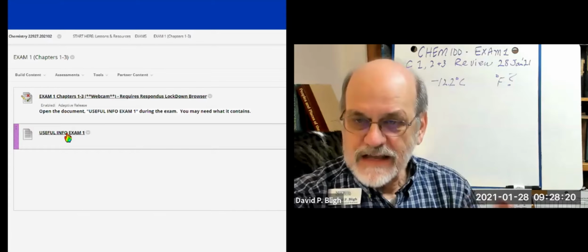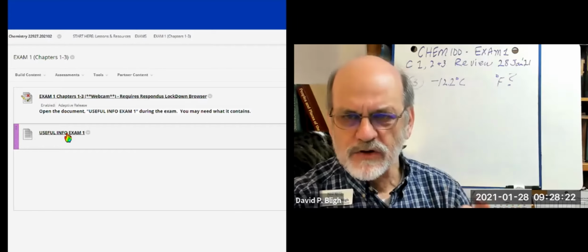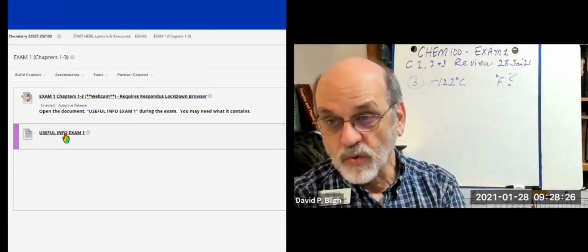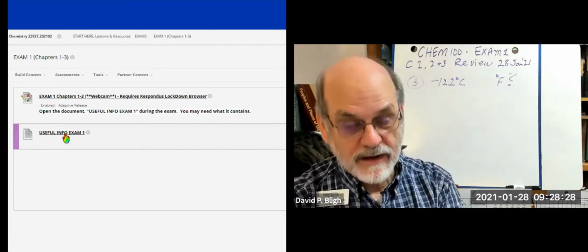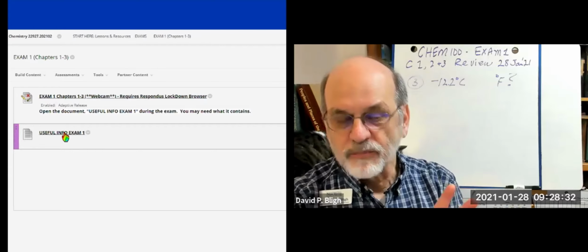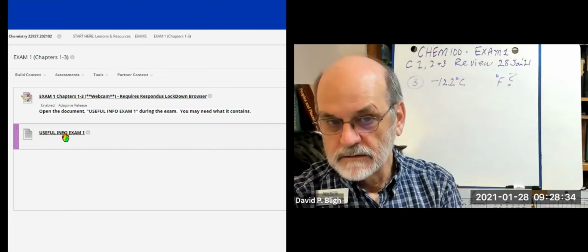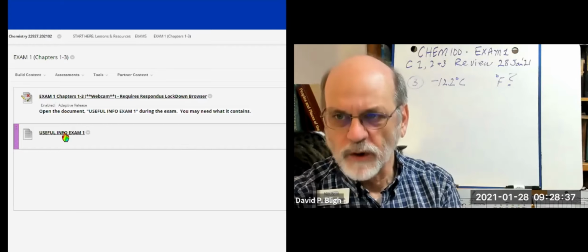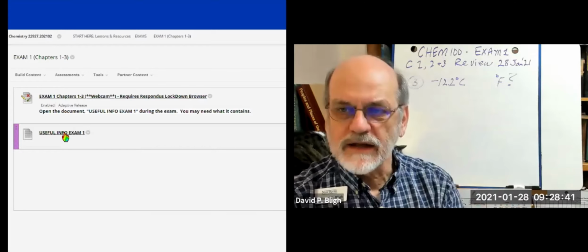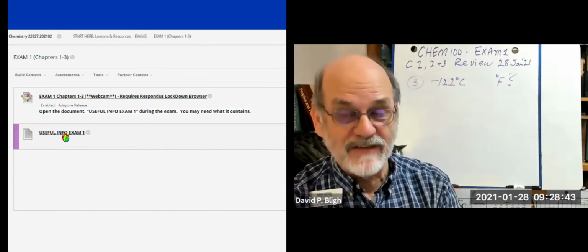Now, as insurance, the first time you do this, I would suggest that you open this up in Blackboard before you use the lockdown browser. Just go in here like you normally go to the course and print that. It's a one-page document. Print that document. Then when you go into lockdown browser, you're guaranteed to have it.